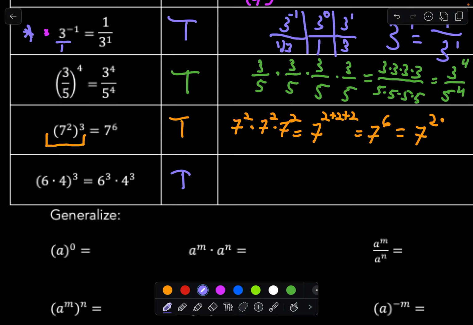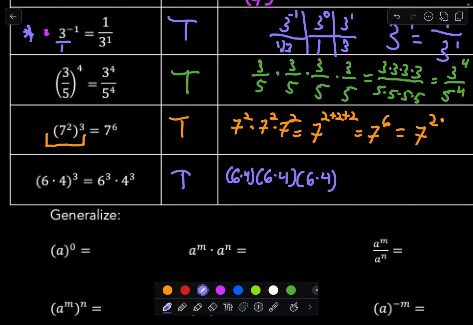I'll show you why. When you have a product of two things multiplied inside parentheses where it's raised to an exponent, you will end up distributing the exponent to both pieces of the product, both factors of the product, okay? So in this case, the proof of this would be that 6 times 4 to the 3rd literally means 6 times 4 times 6 times 4 times 6 times 4.